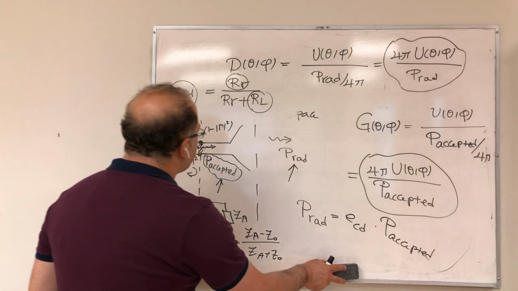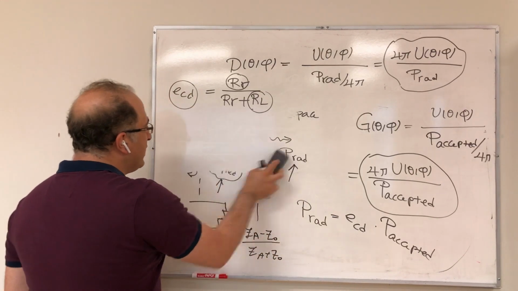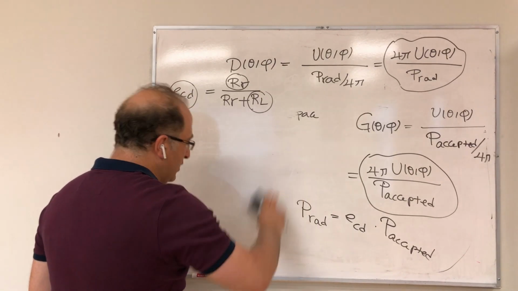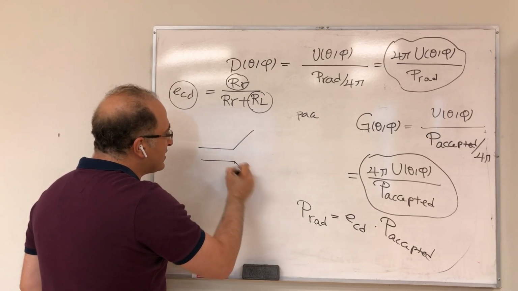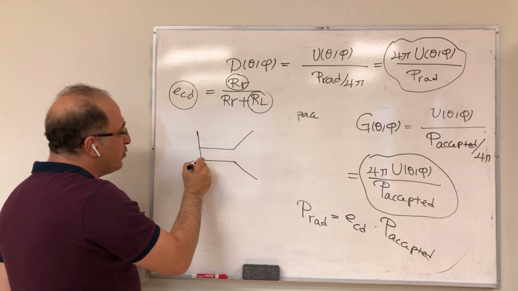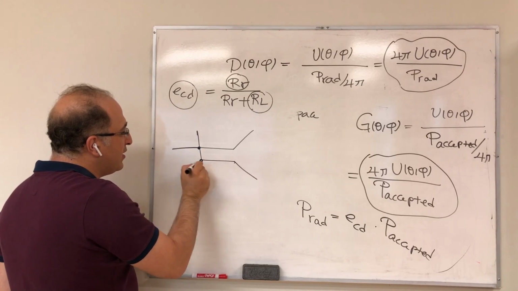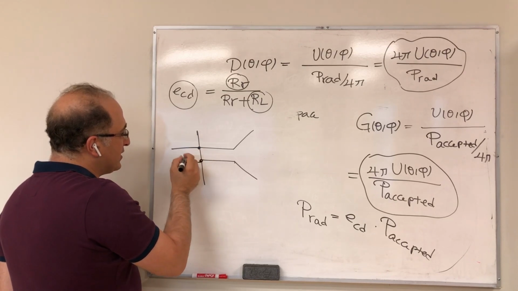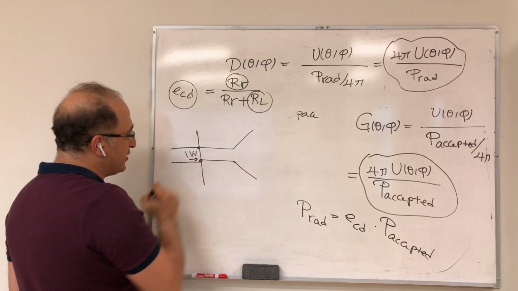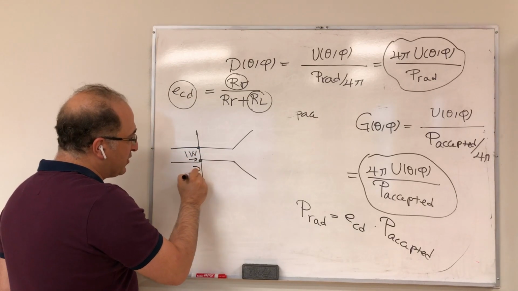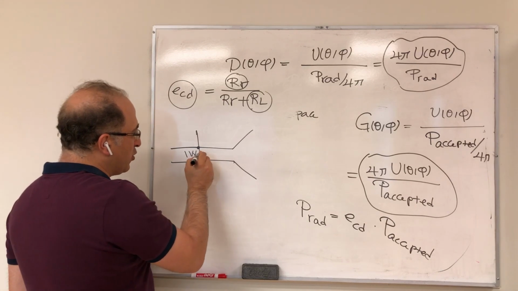Because remember, let me make an example here. Imagine you have, I'm going to go to an extreme case. You bring maybe, let's say, for example, 1 watt to the antenna by transmission line, because you have some reflection. Not all of it is going to go to the antenna.